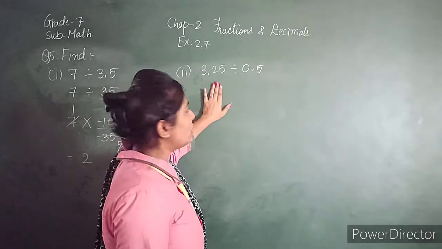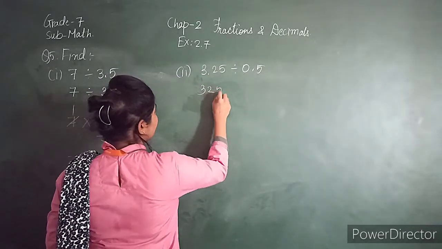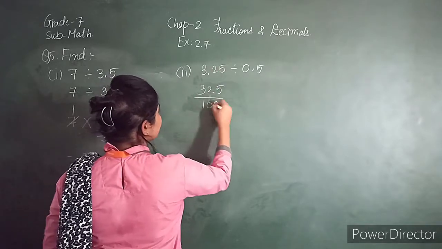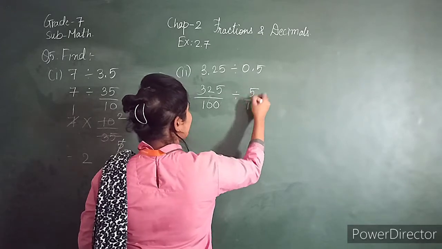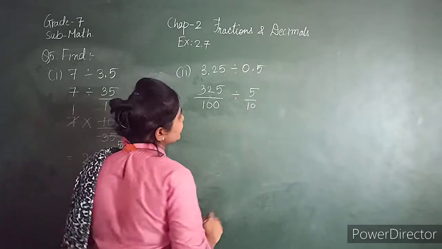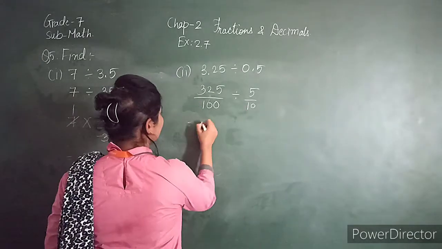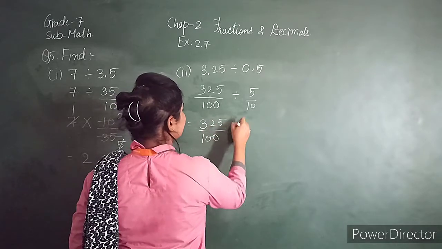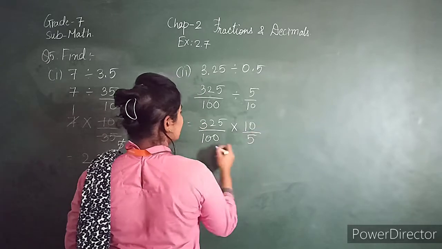Now next, 3.25 divided by 0.5. If I remove this point, after the point 2 digits are there, so I have to write 100 in the denominator. Divided by 5 upon 10, because after the point 1 digit is there. Then 325 upon 100. If we change this sign, then we have to write the reciprocal of this number.